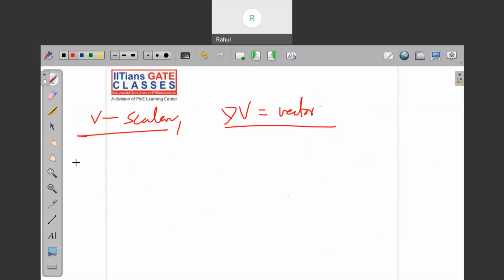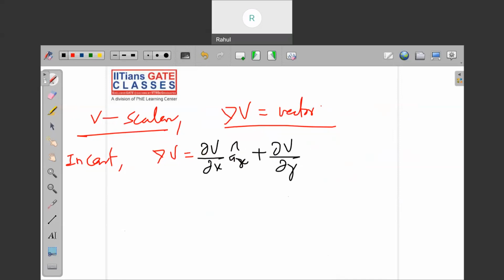In the Cartesian coordinate system, the gradient of V can be written as dou V by dou x ax cap, dou V by dou y ay cap, dou V by dou z az cap.